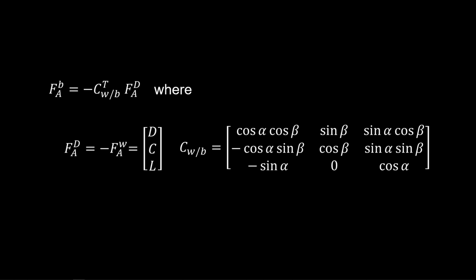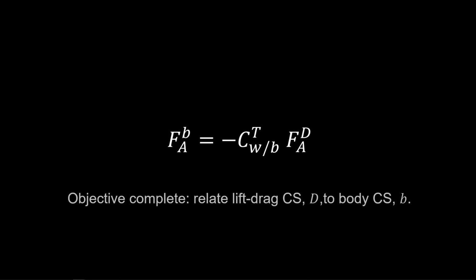We have a direction cosine matrix relating body to wind axes, where its transpose makes it wind to body. And so, we have a formula to transform aerodynamic lift, drag, side force data to the body axes, and this completes an objective. It's essential to integrating the aerodynamic model within our equations of motion.